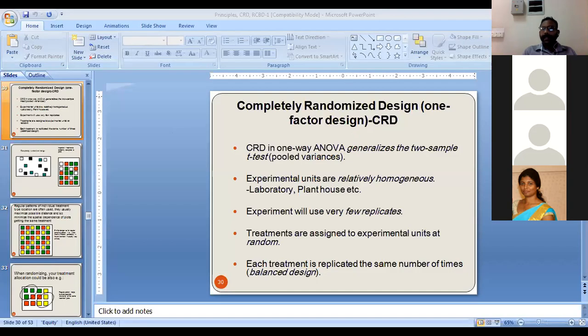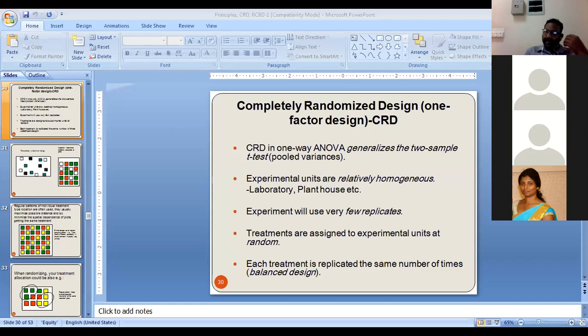If you look back where we stopped last time, we started with the first conventional design, basically called CRD in short form, complete randomized design. So that is the very basic design.